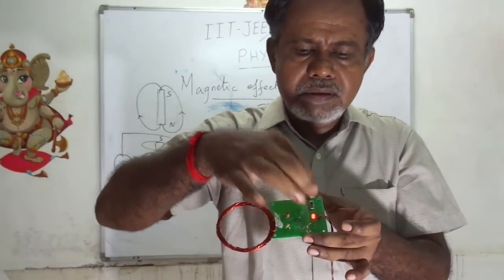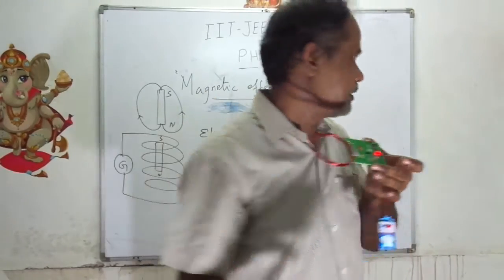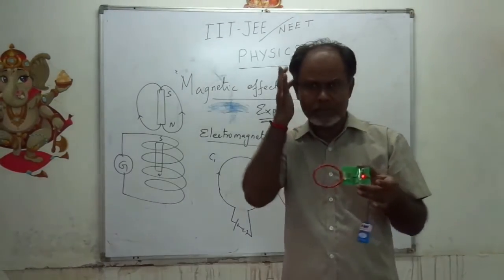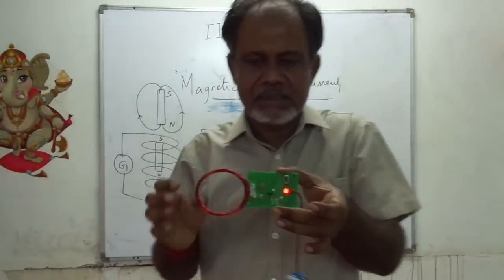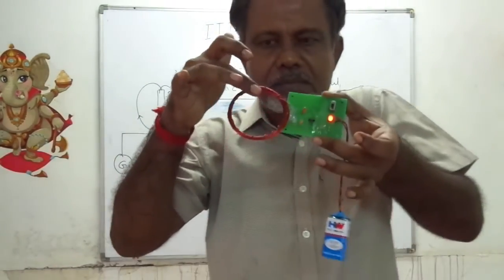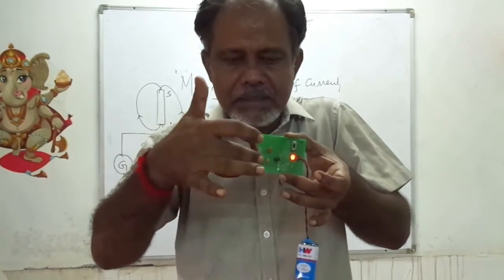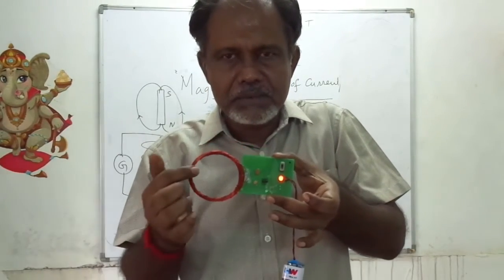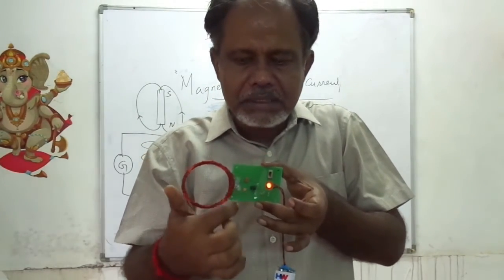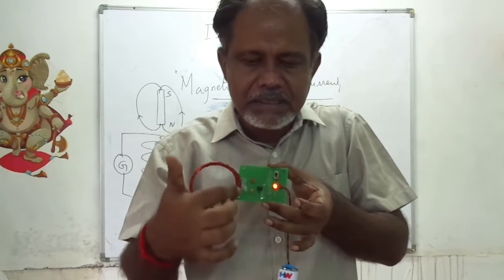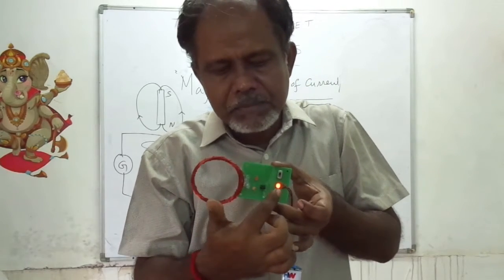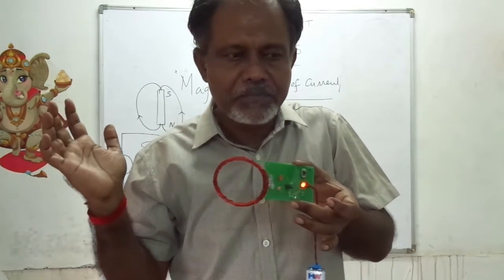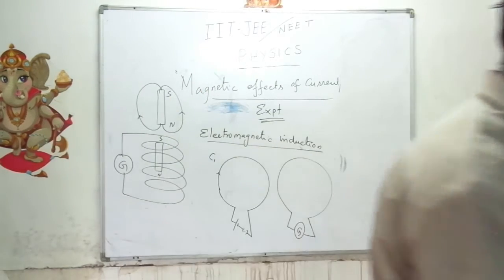Switch on. What will happen? Switch off. Then you can see clearly. This is the copper wire connected to the battery. Then current flows through the wire. This can be shown with the LED light glowing here. What will happen? Think here.